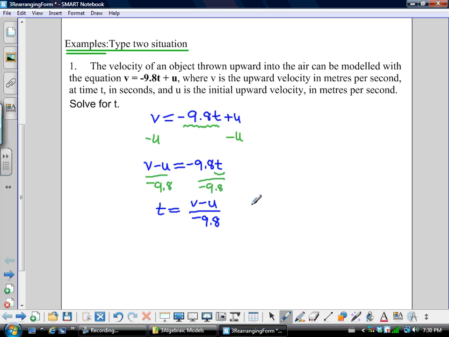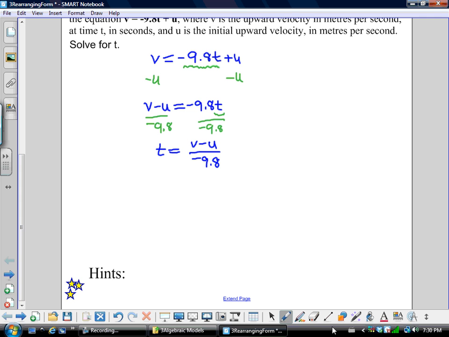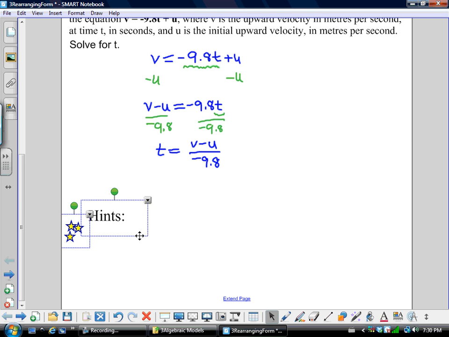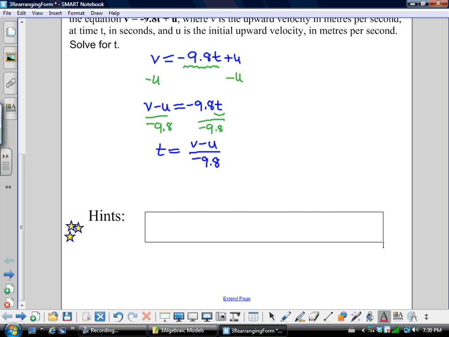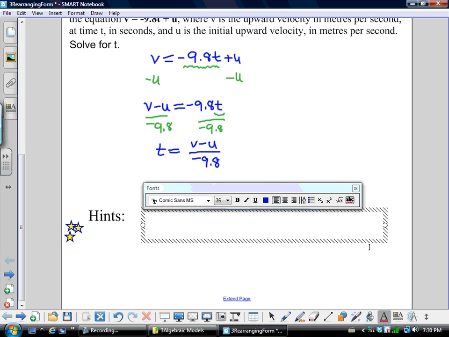Now, when we're rearranging, what makes it harder, and that's why I have this hint section here, is we're actually doing the opposite of BEDMAS. So the hint: do the opposite of BEDMAS.